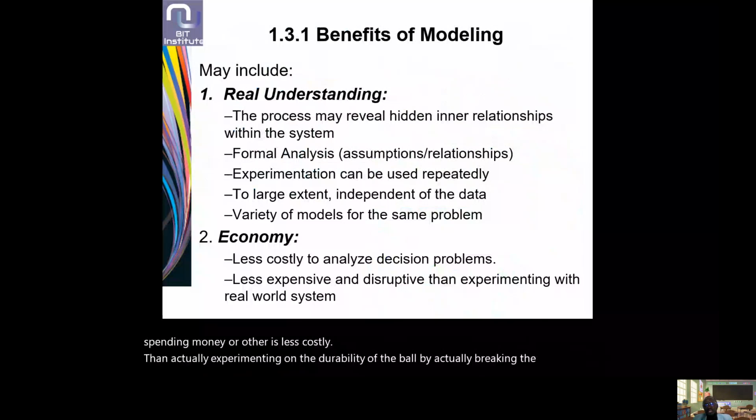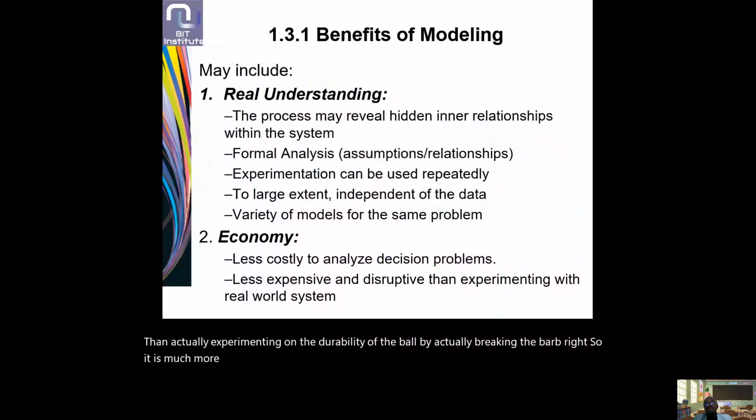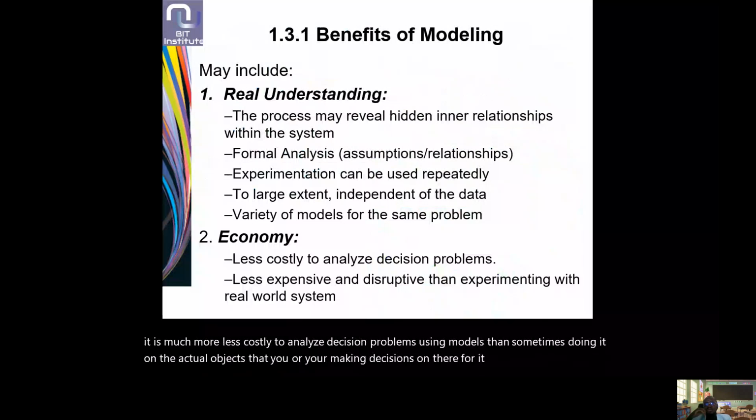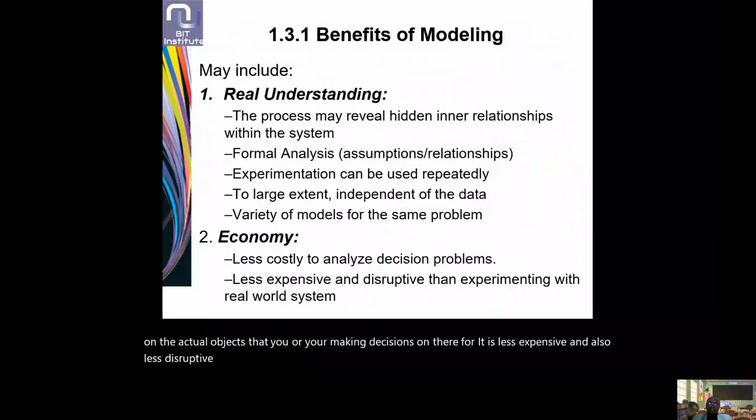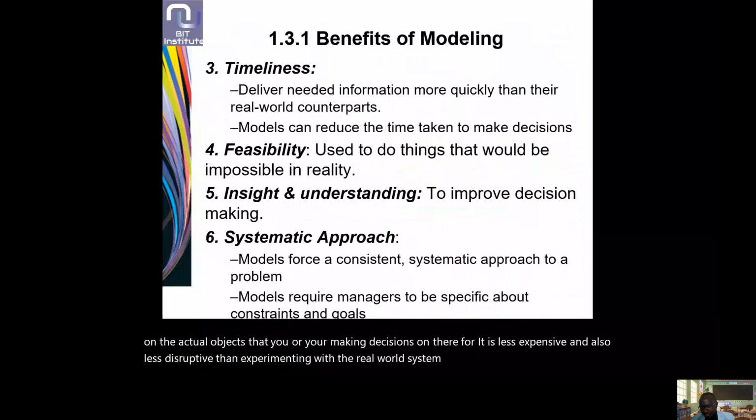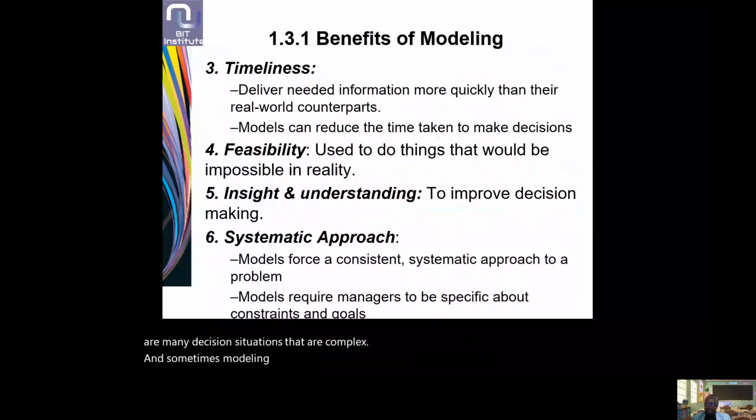So it is much less costly to analyze decision problems using models than sometimes doing it on the actual objects that you are making decisions on. Therefore, it is less expensive and also less disruptive than experimenting with the real world system. Now, we also know that there are many decision situations that are complex, and sometimes modeling is the only way of trying to understand the situation.